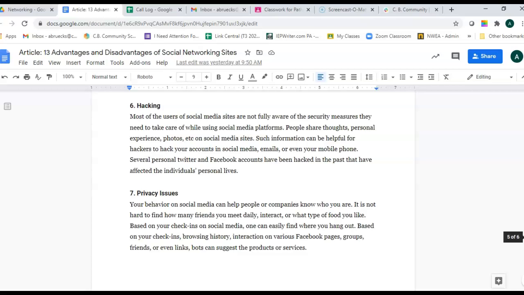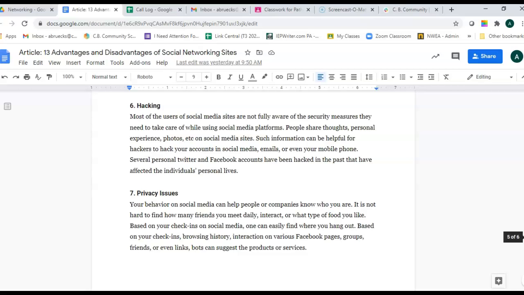Several personal Twitter and Facebook accounts have been hacked in the past that have affected the individual's personal lives. You can have people hacking into your accounts and spreading false information, looking through your stuff to start fights, using your information to create their own profile, and even, as it says here, dig into your mobile phone and get some really private information like bank accounts and things like that. That could be super problematic.